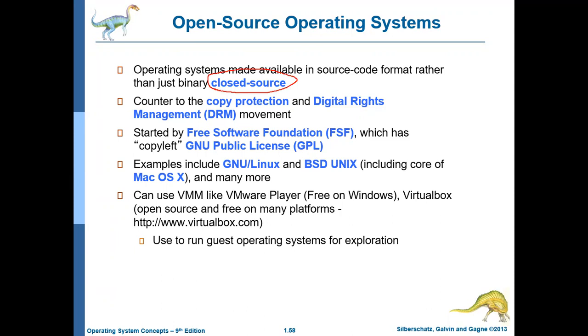But there are open source operating systems available to counter copyright protection and digital rights management. Nowadays, if people create software, they want to copyright it or register it in digital rights management. They don't want to share with anybody, because they feel that the knowledge created by them may be used by others free of cost or without any effort.